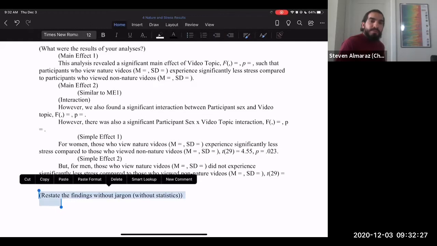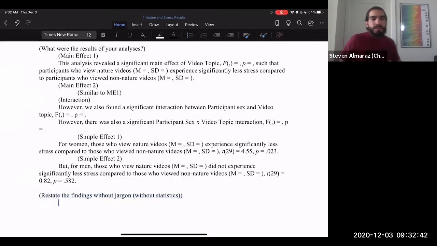This restatement is going to focus on the interaction because the main effects are important, but the interaction tells us they're only important for some people or at certain times, depending on what your specific study was. So I would say something similar to what you said. Nature videos seem to decrease stress compared to non-nature videos.